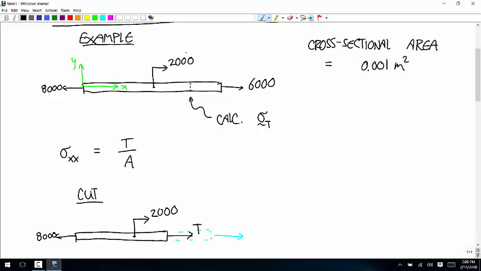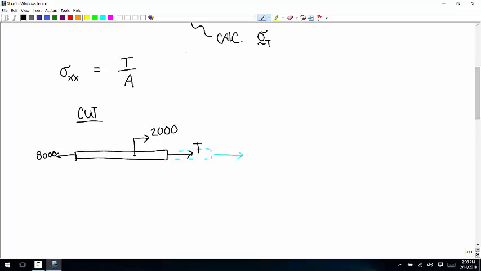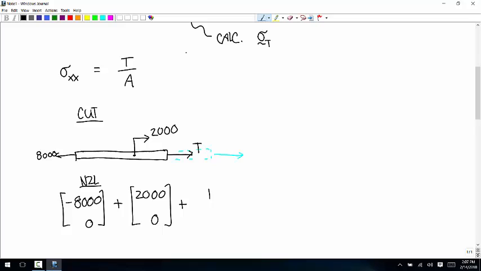So if I put the shear force, the bending moment, the torque, there's none of that going on anywhere else, so those would all just come out to be 0. And so Newton's second law says negative 8,000, 0, plus positive 2,000, 0, plus T, 0 is equal to 0, 0.